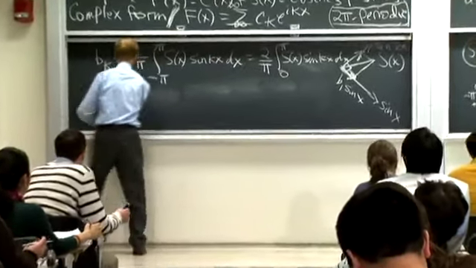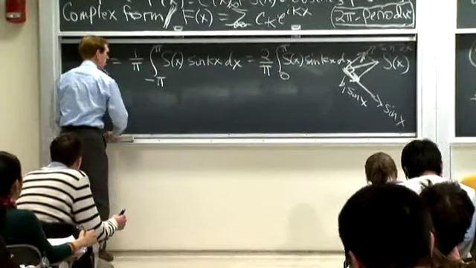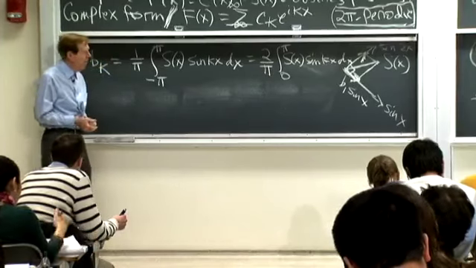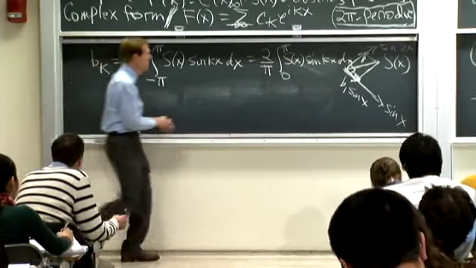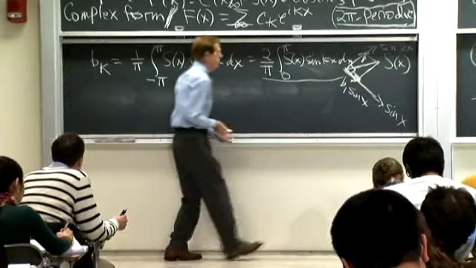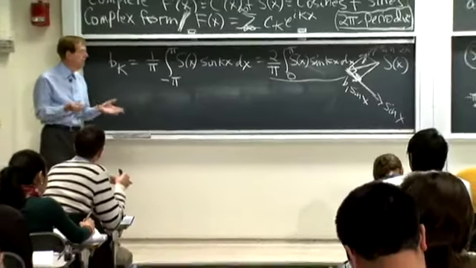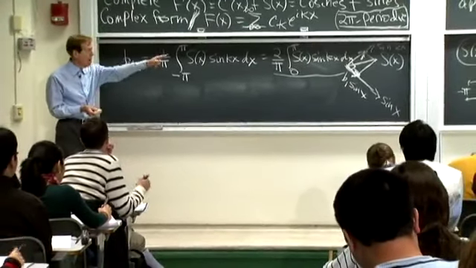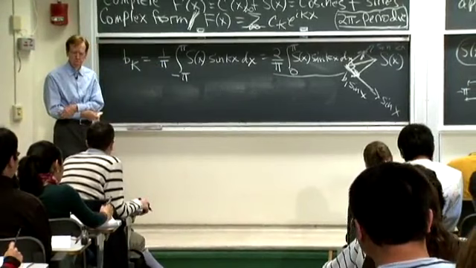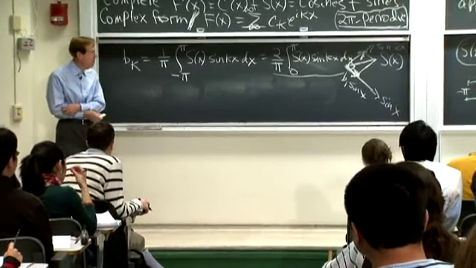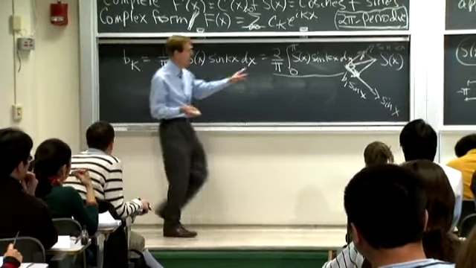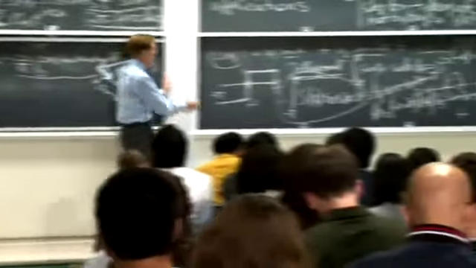What are the Fourier coefficients of the square wave? Okay, so I'll do this integral. So from 0 to pi, what is my function from the graph? It's just 1. This is going to be a picnic, right? The function is 1 here.